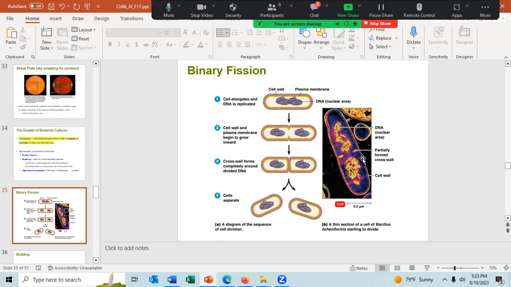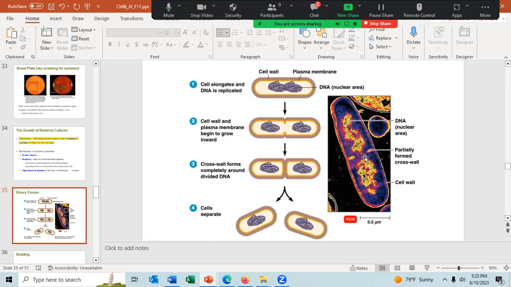Here we're looking at an actual electron microscopic image of a cell that's going through division by binary fission. And that structure is going to be the cell membrane and the cell wall. And then it will form in between the 2 DNA molecules, dividing the cell into 2. Any question about any of that?